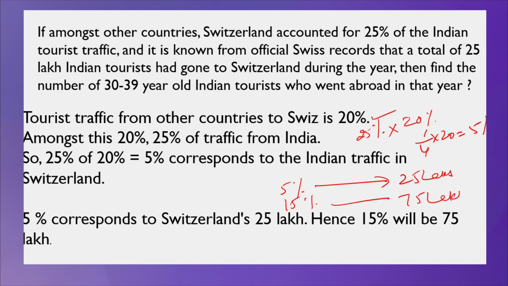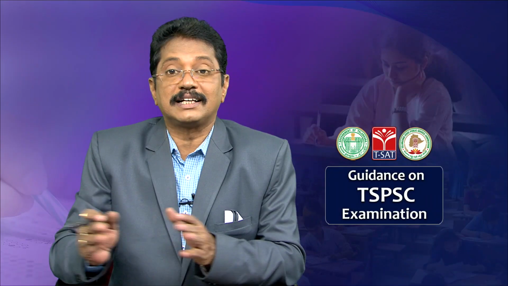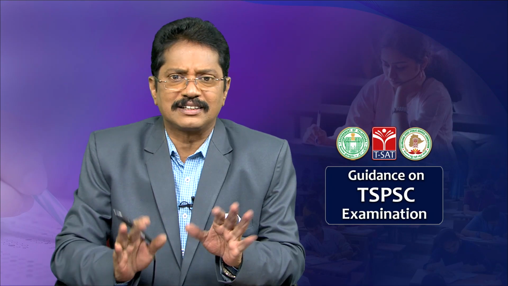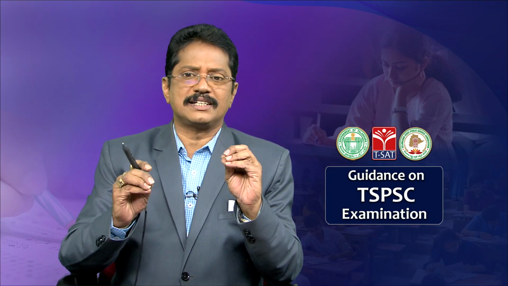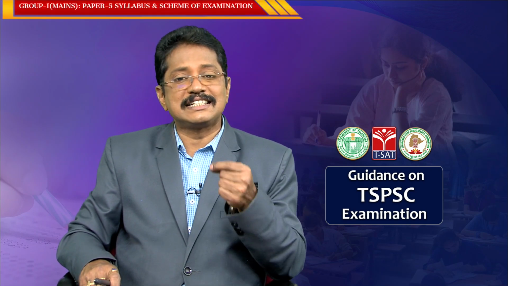So, simply you can say 75 lakh people went abroad in that particular year between 30 to 39 years of age. Is it clear? The question is very simple, but you have to write the working steps very simply and clearly in a logical sequence for a descriptive answer.